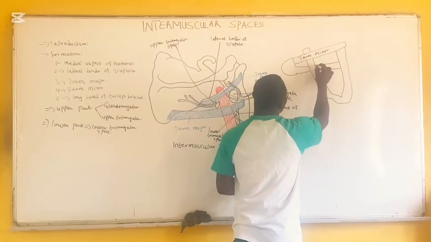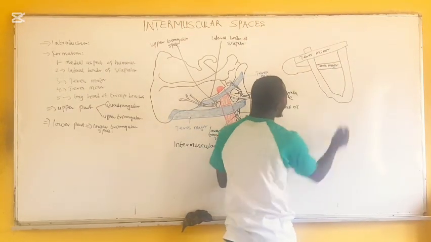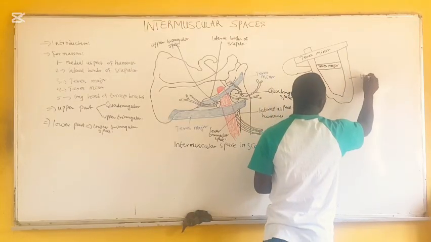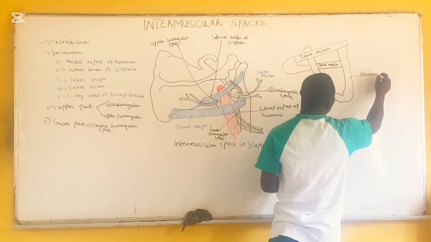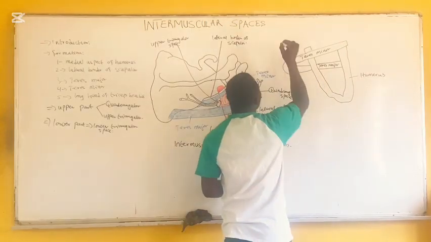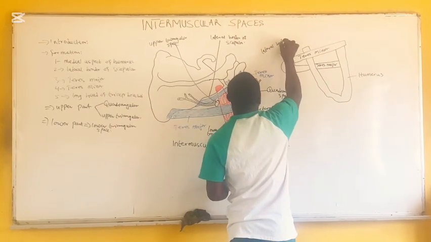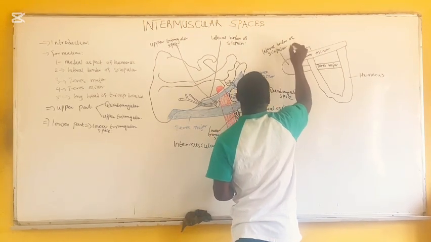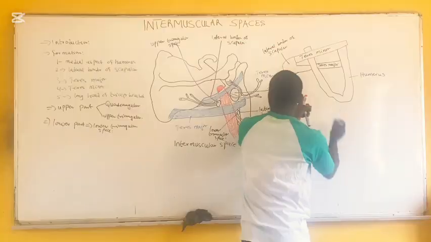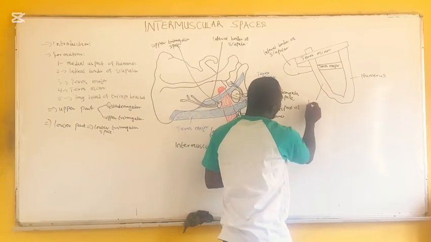This is teres major, and this is the humerus, and here serves as the lateral border of the scapula. Here, this is the long head of the triceps brachii.